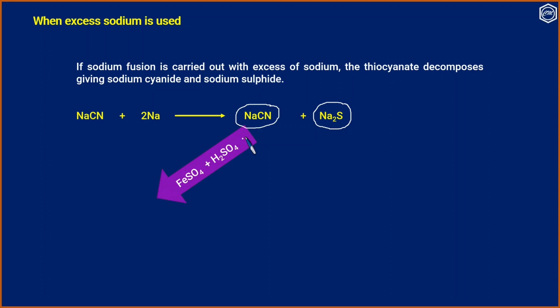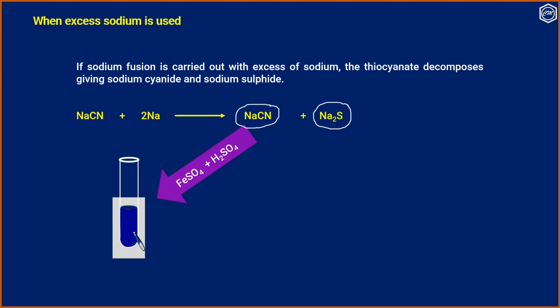So for testing nitrogen, to one portion of this solution, we add ferrous sulfate and sulfuric acid, and we expect the formation of Prussian blue. But one difficulty arises in this case.